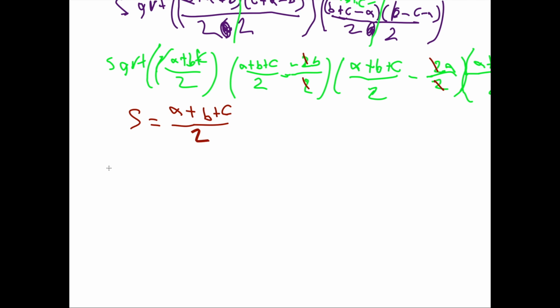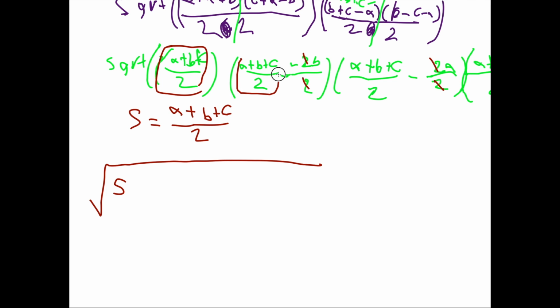So we can just do square root of, actually, now what we can do is we can actually put the square root sign. Okay? So a plus b plus c divided by 2, that's s. So we can just put s here. A plus b plus c divided by 2, that's also s.